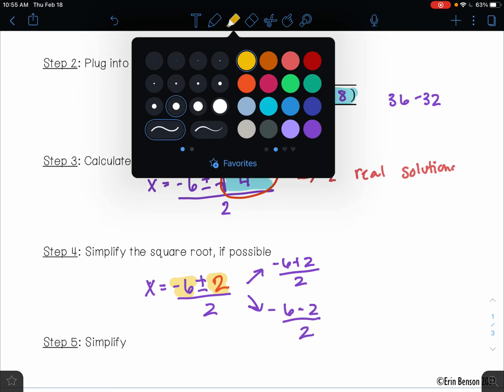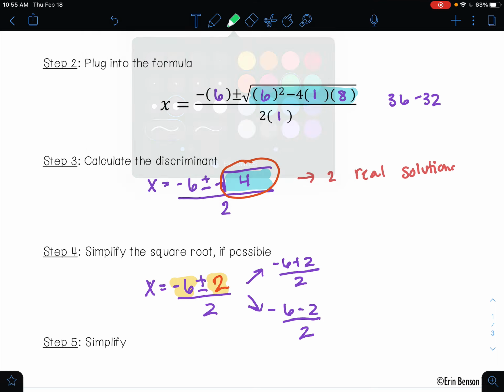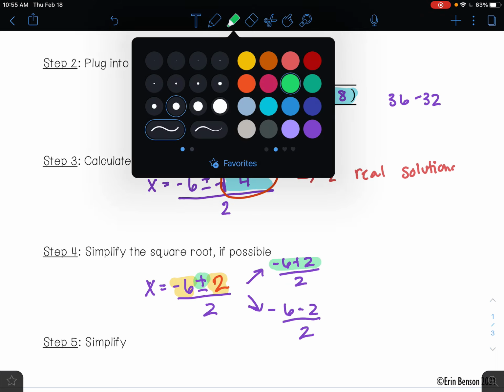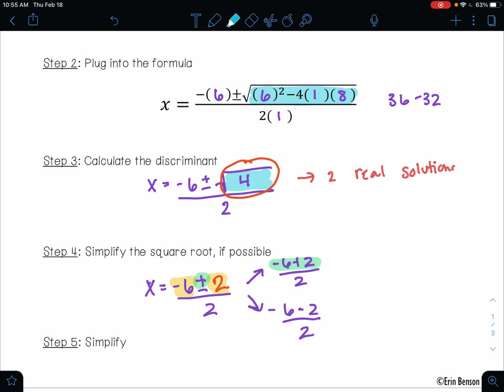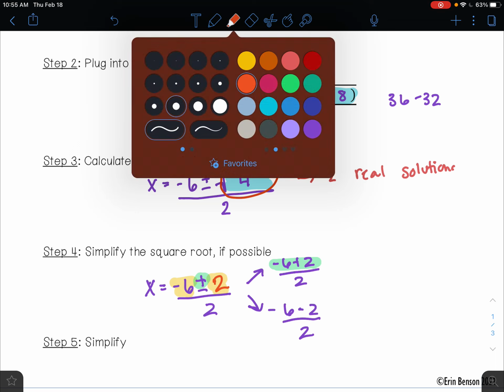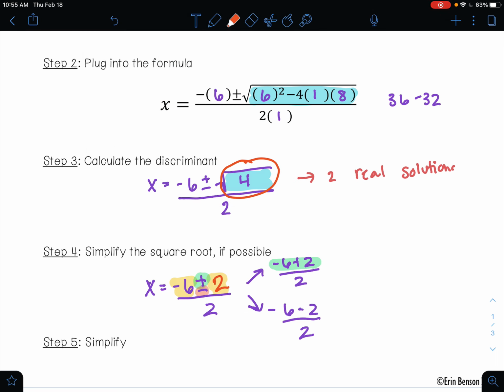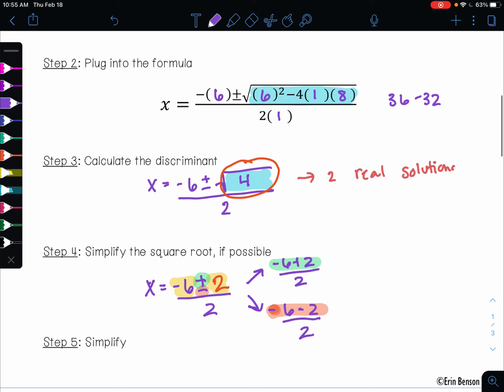So let me show you where I got those. This plus sign here is how I got negative 6 plus 2. And this minus sign here is how I got negative 6 minus 2. So I have 1 for the plus sign and 1 for the minus sign.